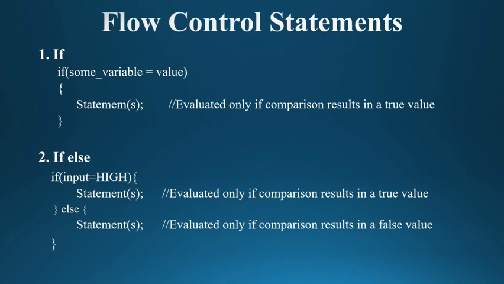Next is if else. Here, if the condition is false, then only it will go to the else condition. Its syntax is if input equal to high. If the given input is high, then the if branch will be executed, or else the else branch will be executed. Next one is for.